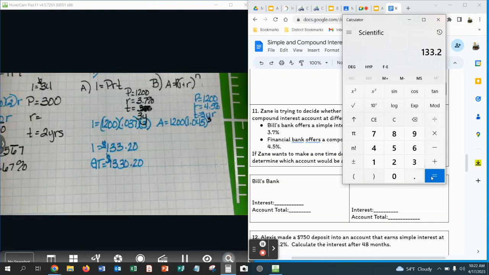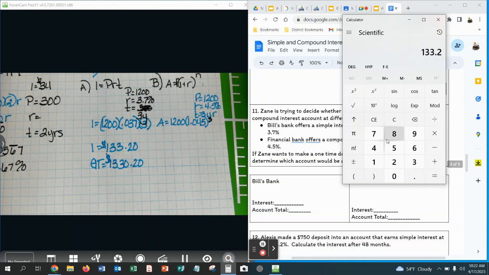Let's take a look. Does anybody have the compound interest for this one? I'm going to clear this out. So I'm going to do 1,200 times 1.045, the exponent button, 3.